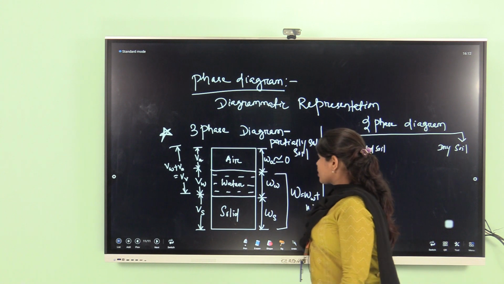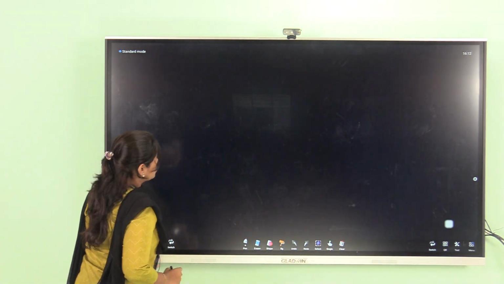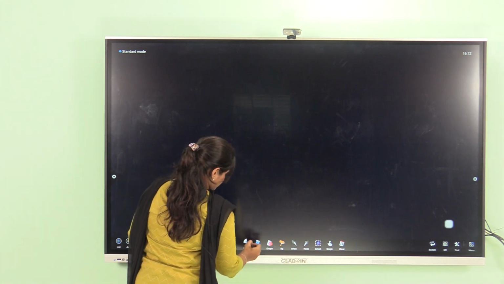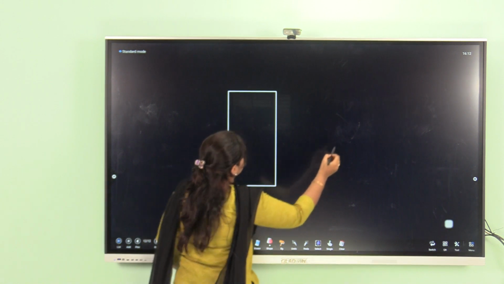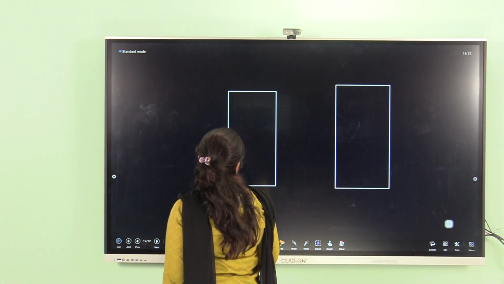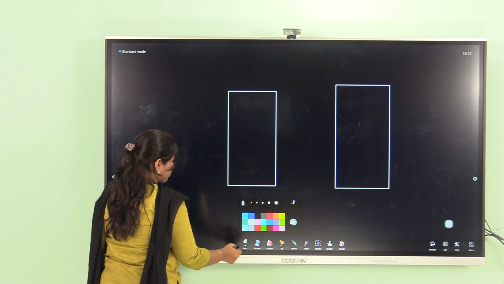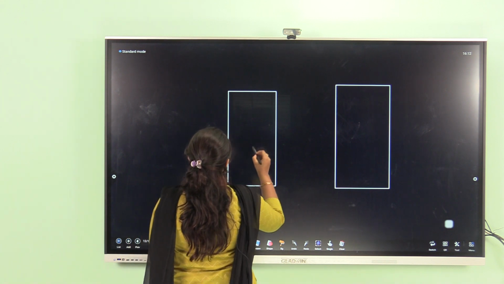This diagram can't be shown here, so you need to draw it.